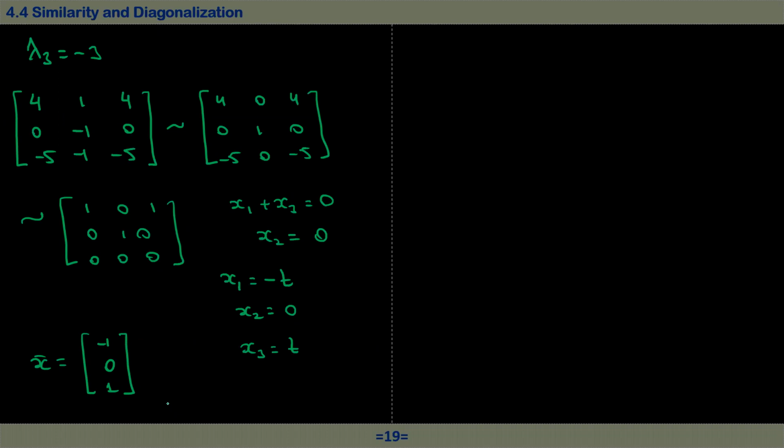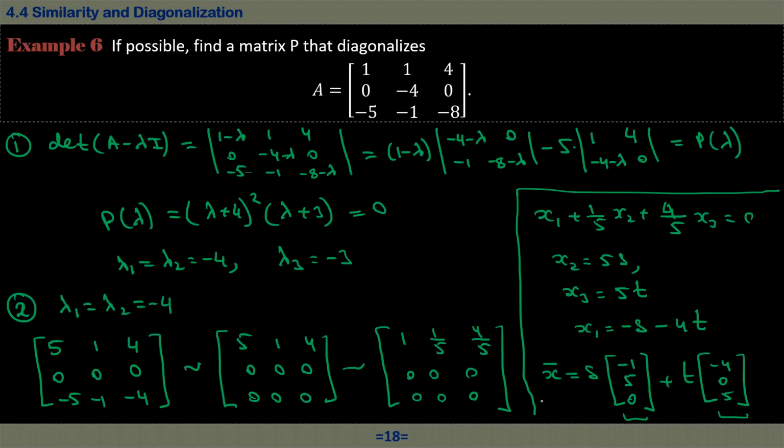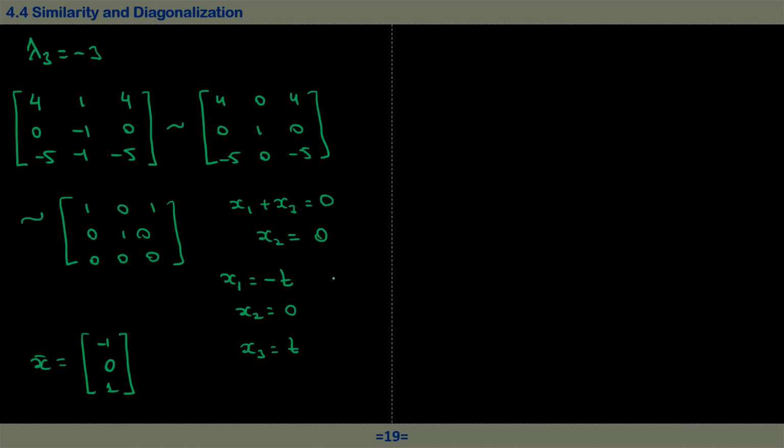You can check that actually those vectors are linearly independent. So here we have minus 1, 5, 0, then minus 4, 0, 5, and the third vector is minus 1, 0, 1. So I can just write here that matrix P, whose columns must be these vectors. Okay, so it is diagonalizable because it has three linearly independent eigenvectors.